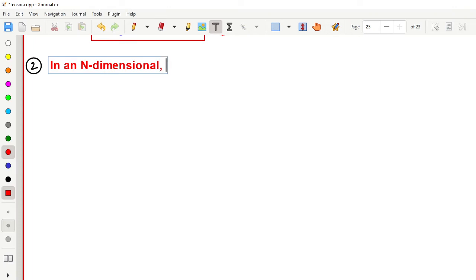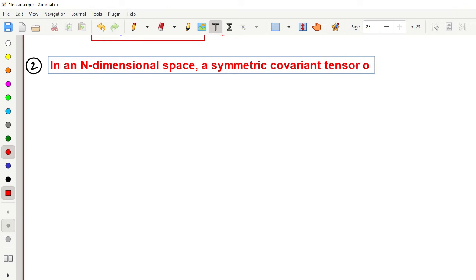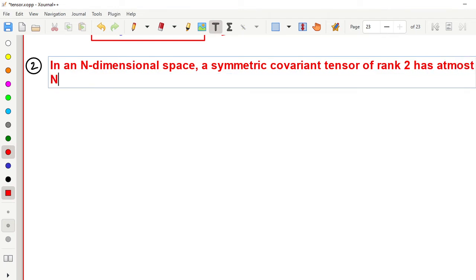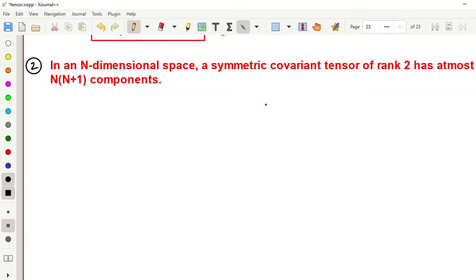In an capital N dimensional space, a symmetric covariant tensor of rank 2 has at most capital N into N plus 1 by 2 components. And at most N plus 1 component, right?